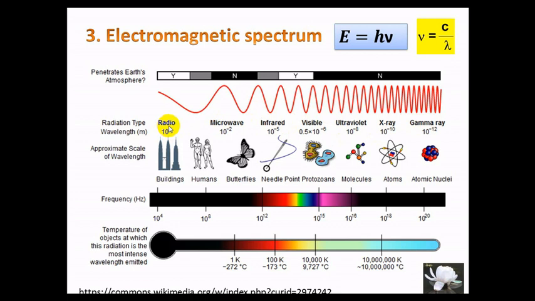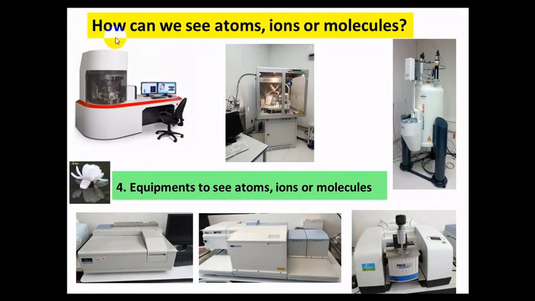Now we can study molecules, ions, or atoms using spectroscopy. In other words, light falls on the molecules and they respond to that stimulus. Now, can we answer the principal question of how it is possible to see atoms, ions, or molecules?